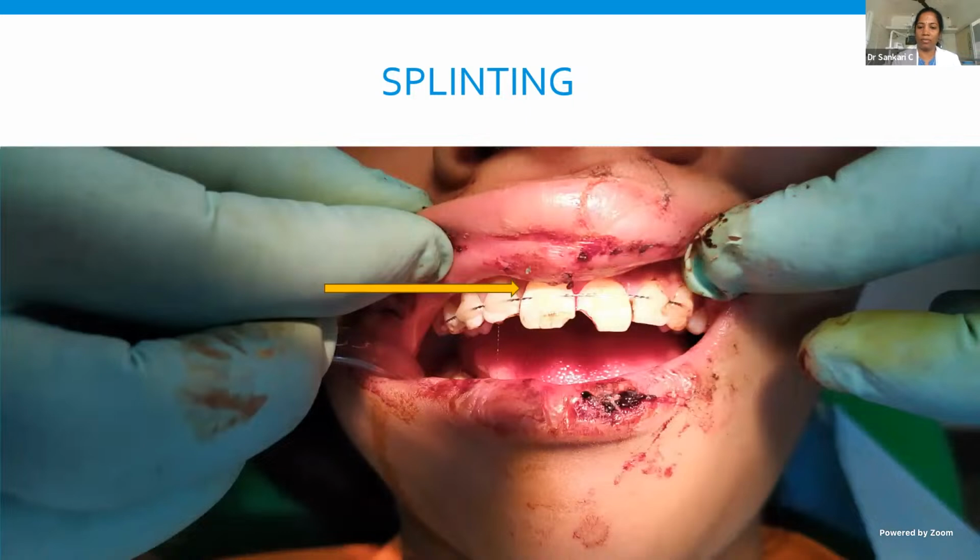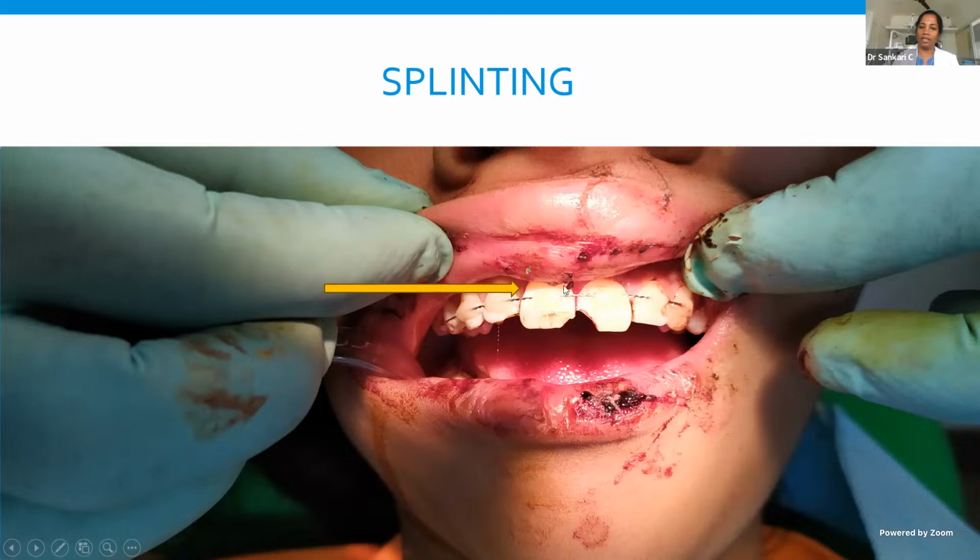After insertion, check for the position; you can confirm with an x-ray also. After everything is okay, then go for splinting. Splinting can be done from canine to canine, or from lateral to lateral also, but canine to canine will be much better.